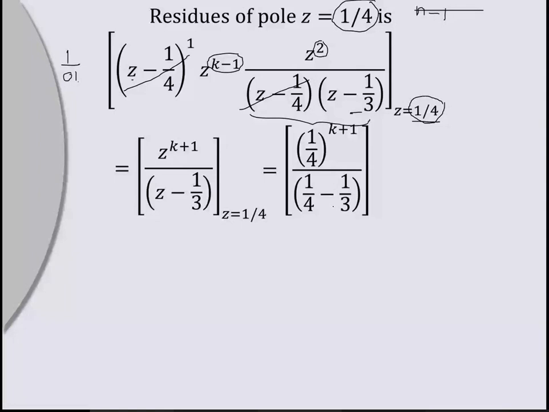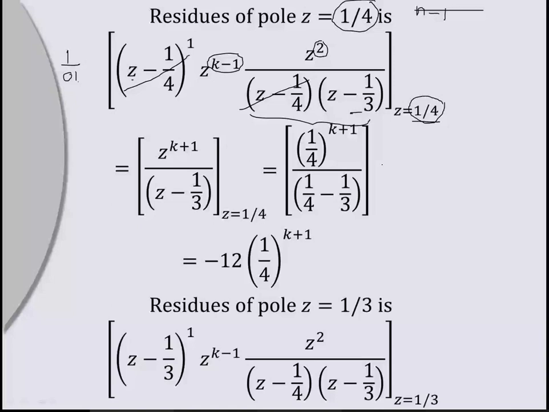Take that 12 into the numerator, so it is minus 12 into 1 by 4 to the power k plus 1. Correct? Now in the same way find the residue at 1 by 3. Exactly the same way, get the residue at z equal to 1 by 3.